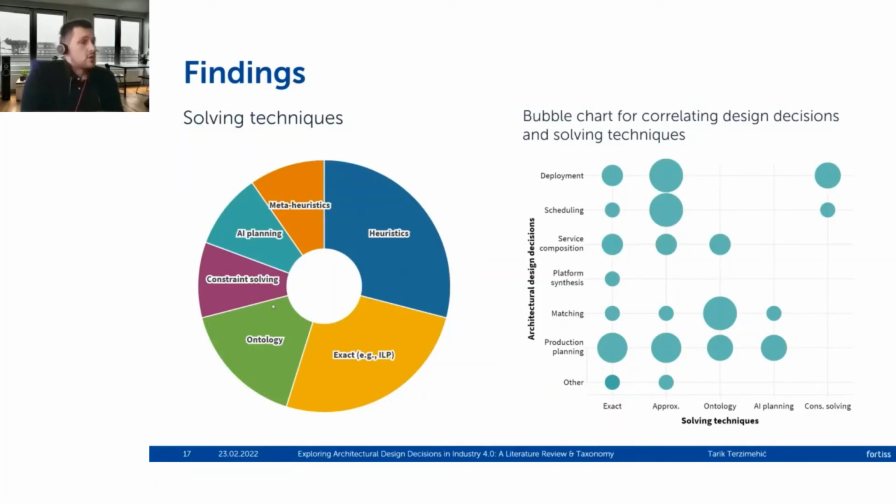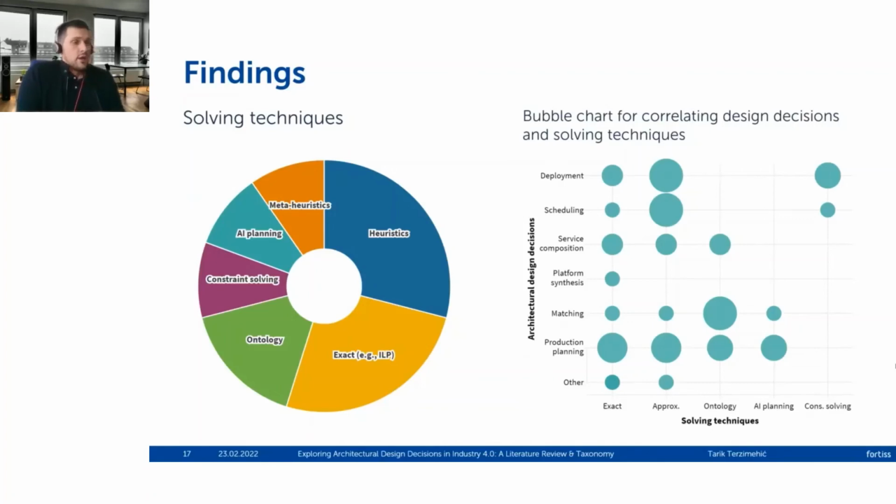Maybe one explanation would be the maturity level of Industry 4.0. It's quite new compared to generic software engineering domains. So maybe that's one explanation why we have exact ones. It's maybe easier to use an out-of-the-box ILP solution than to deal with the parameter tuning of meta-heuristics like simulated annealing. So it's easier to use ILP.